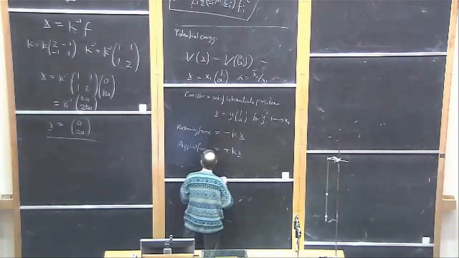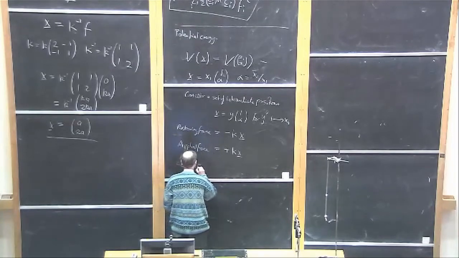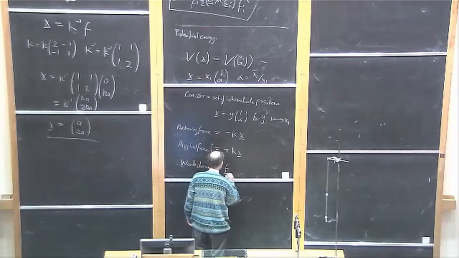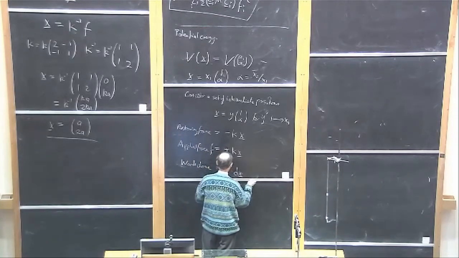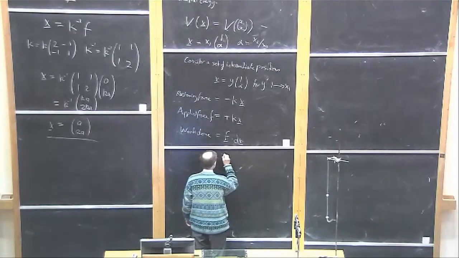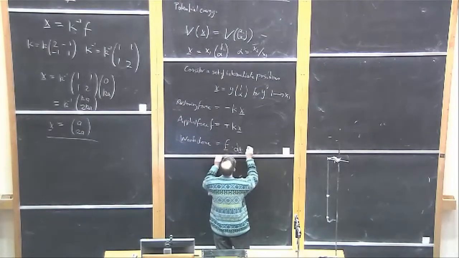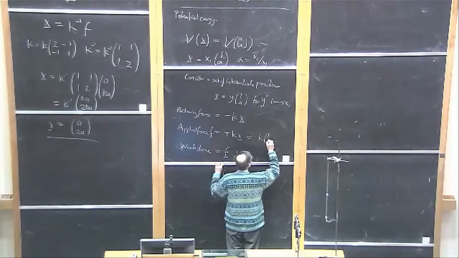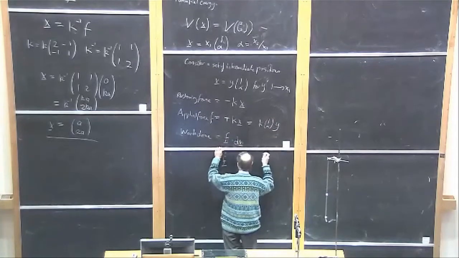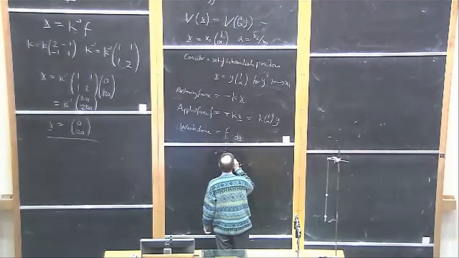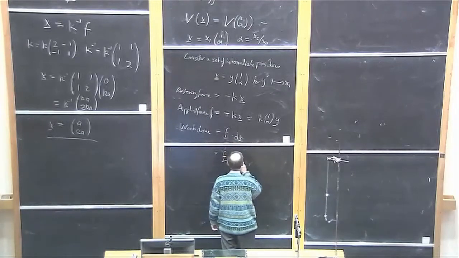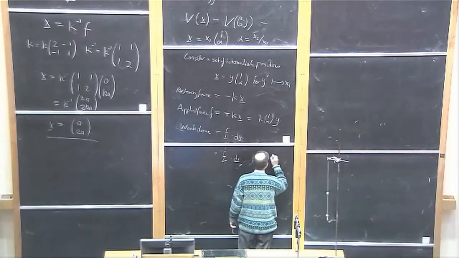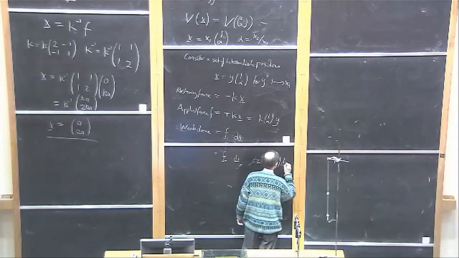So the work done is F dot dx, which is, so this kx here is k (1, alpha) y, and this is F dot dx, where dx is (1, alpha) dy.